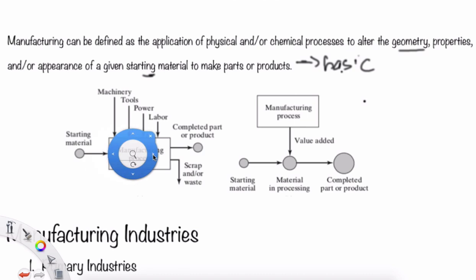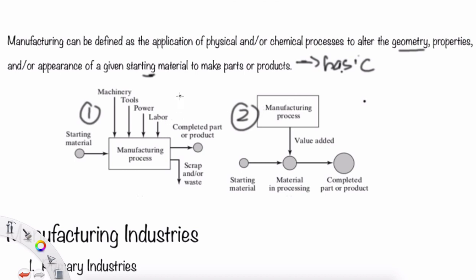But here I have an alternative definition, where we can define manufacturing in two alternative ways. The first, we can define it as a technological process.